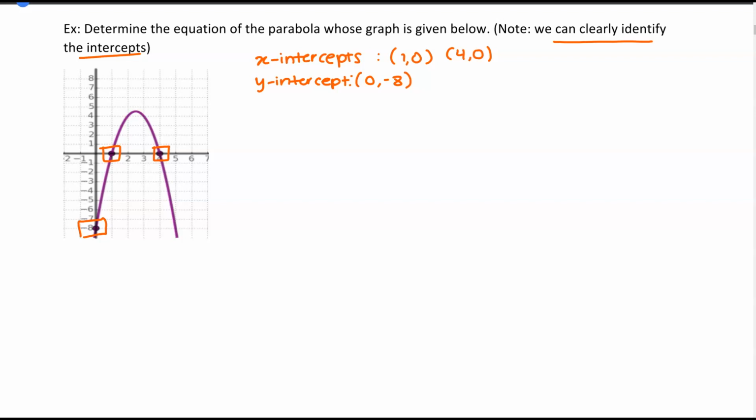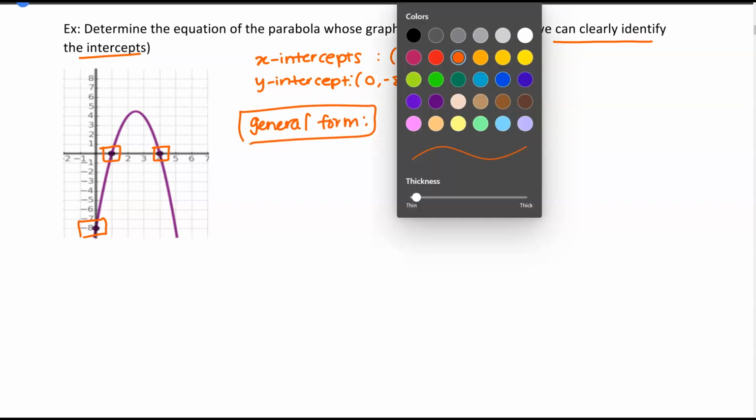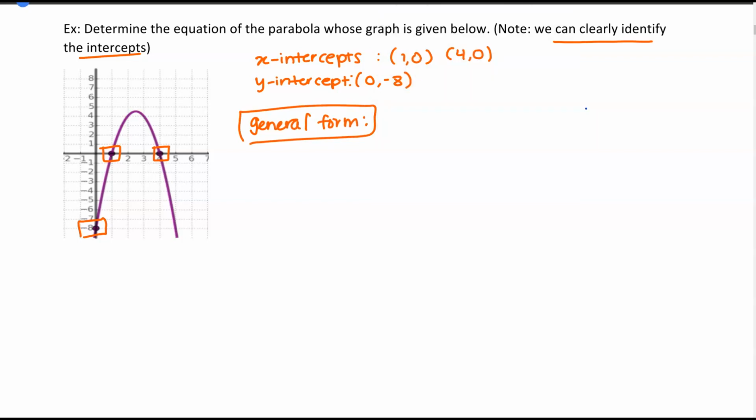So in this case, let's go ahead and use the general form. The way we're going to use the general form in this case is we are going to use y equals a times (x minus the x-intercept)(x minus the x-intercept).